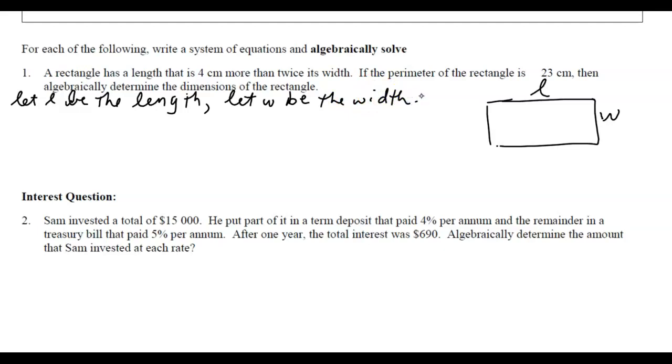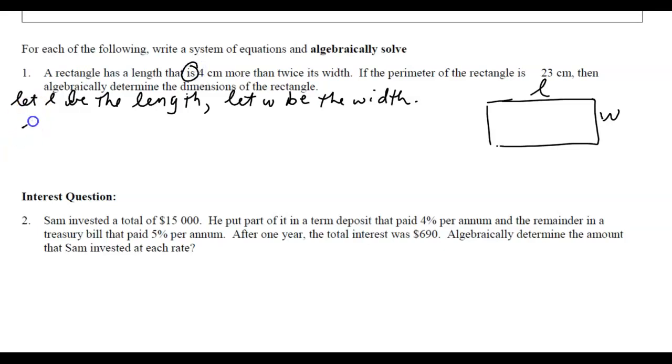Okay, two equations. So sometimes you can tell it's two separate sentences. Sometimes it's not. In this case, it is two separate sentences. So it says a rectangle has a length that is 4 centimeters more than twice its width. So look for the word is. Is basically is an equal sign.